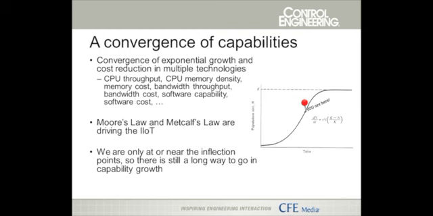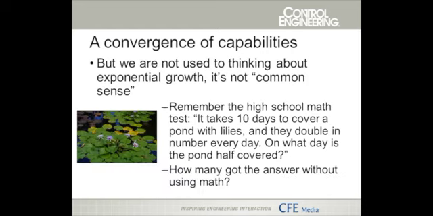That's in their home, at their work, 50 computers. In the near future, there will be hundreds of smart devices for every person alive. So we're at these inflection points today with Moore's Law and Metcalfe's Law, which probably means we'll only see about another 100 to 1,000 times improvement in both of those areas. But that is quite a bit of capability improvement that we're going to be seeing.